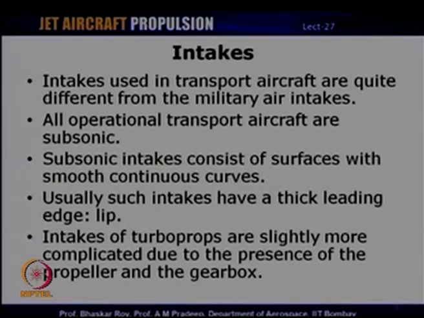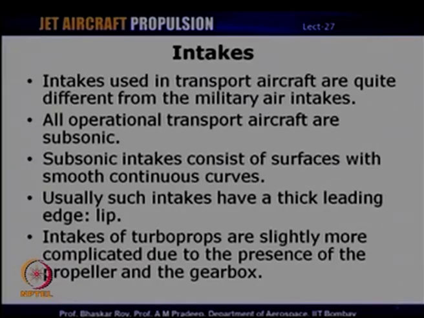This is unlike supersonic intakes, where you could have sharp edges, because supersonic intakes decelerate the supersonic flow to subsonic through shocks, and that is created using certain sharp edges in the intake.